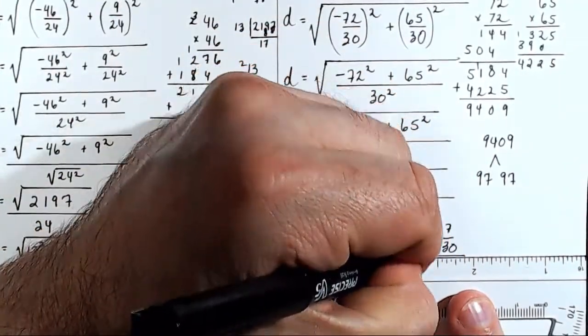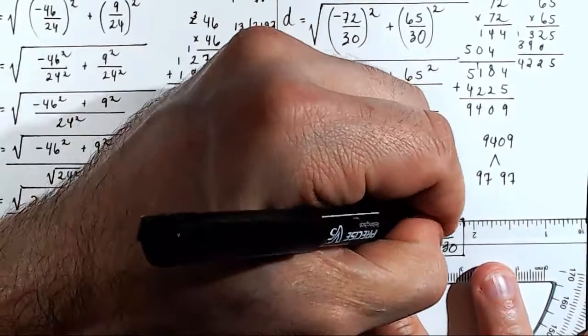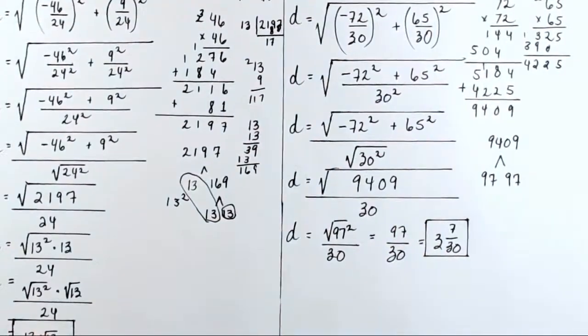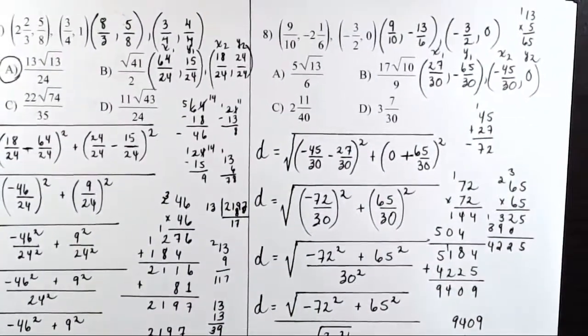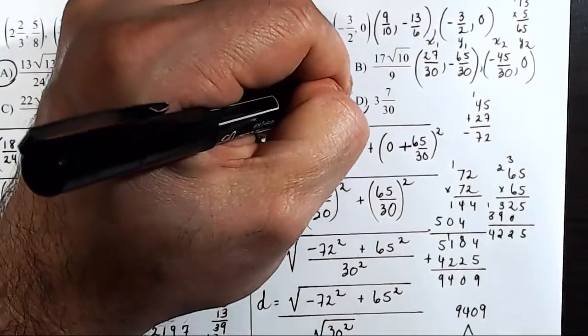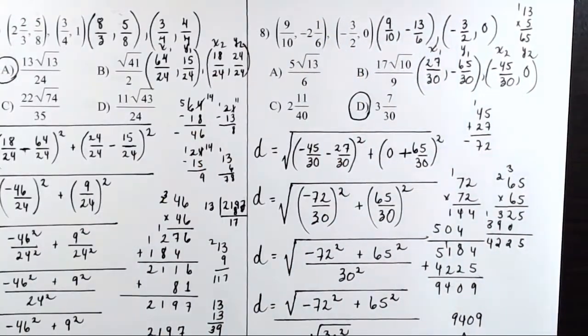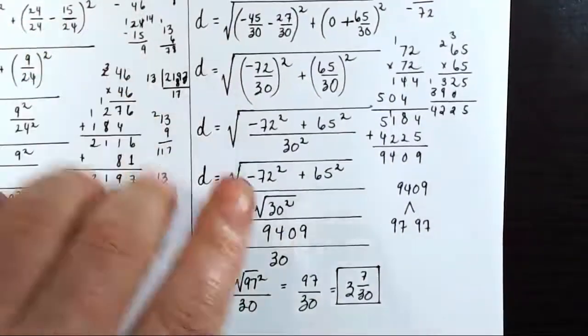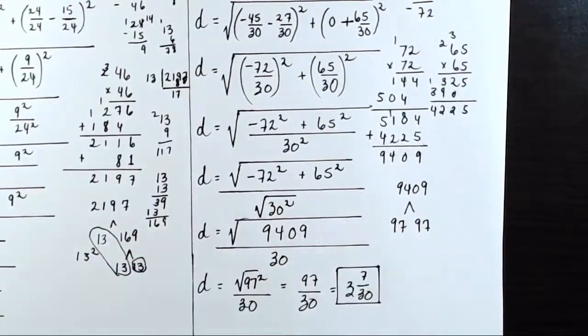I don't know if that's the hardest problem I've ever done, but that was absurd. That was brutal. Because, I mean, who would have known it was 97 squared?